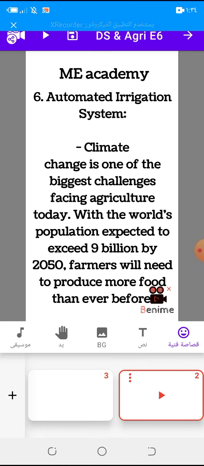The application number 6, automated irrigation system. Climate change is one of the biggest challenges facing agriculture today. With the world's population expected to exceed 9 billion by 2050, farmers will need to produce more food than ever before.